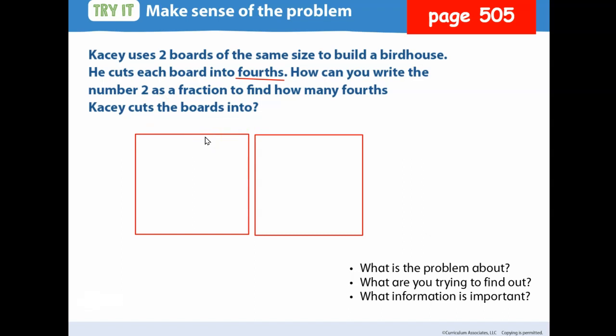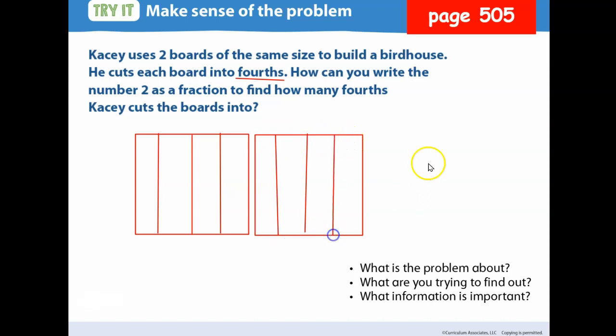If I'm drawing, what are you supposed to be doing? Let's go. So it should look something like this. They don't have to be perfect, but you get the point. The question says, how can you write the number 2 as a fraction to find how many fourths she cuts the board into?